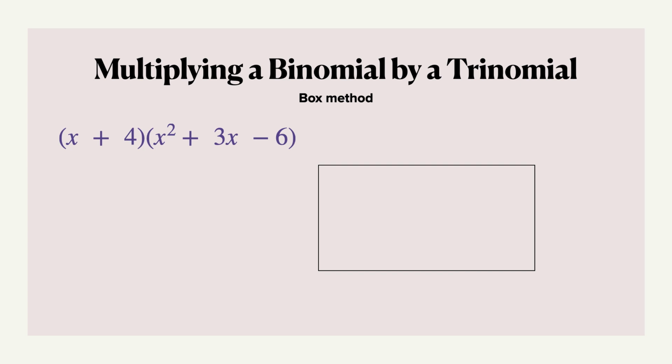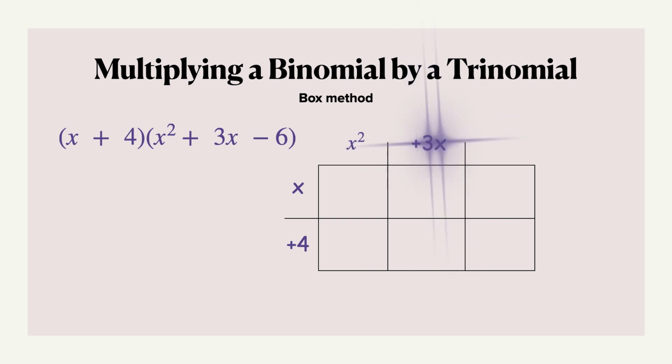But it really does not matter. So I'm going to make 3 different spaces, and then I'm going to cut it in half for my binomial. Now, I'm just going from left to right, so I'm going to write my binomial first, which is x plus 4. And then I have x squared plus 3x minus 6.